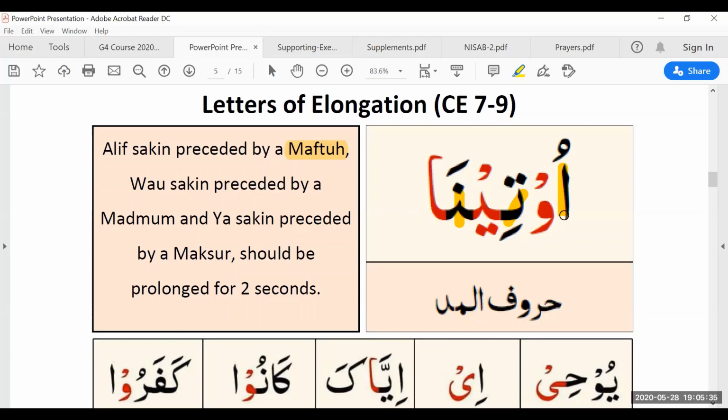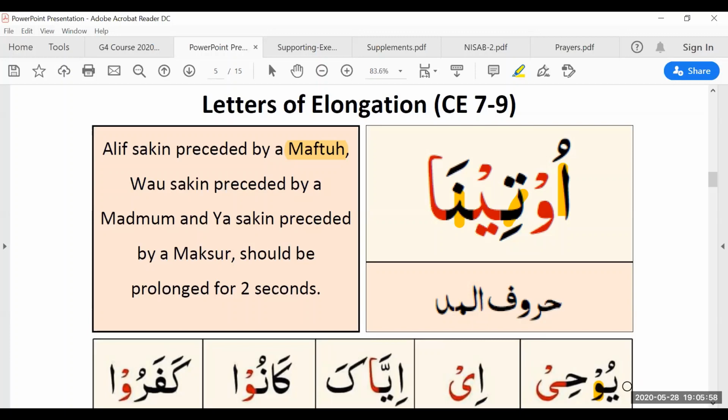Before you leave, if you can quickly recite this first word. Yes. Bismillahirrahmanirrahim. Yuhi. Okay. This U was a little short. Can you try again?